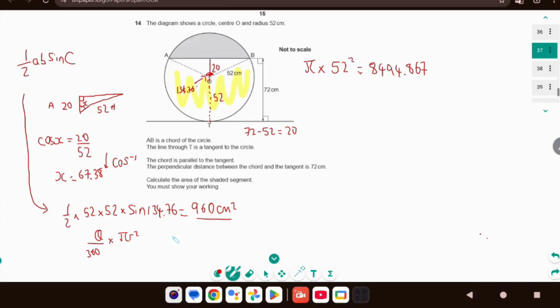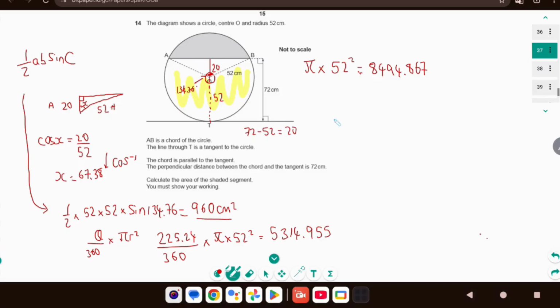I know angles around a point add to 360, so that angle there is 225.24, times pi times 52 squared. That's 5,314.955.